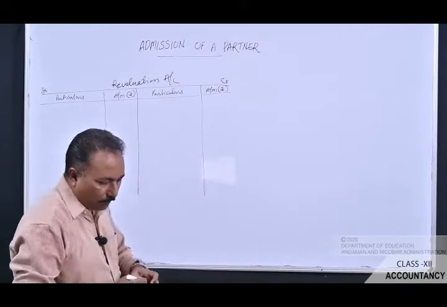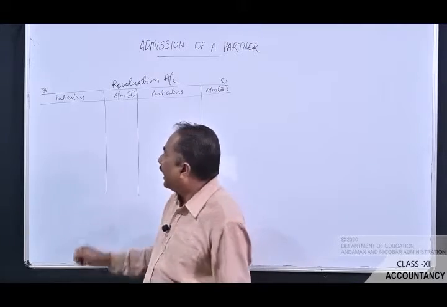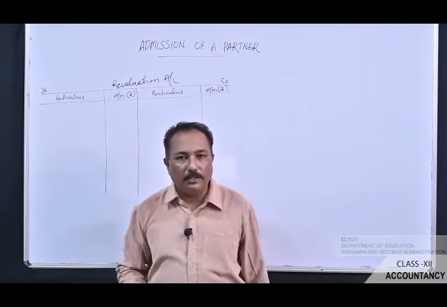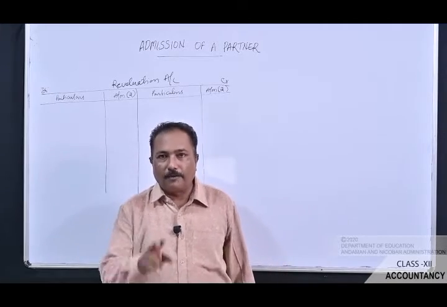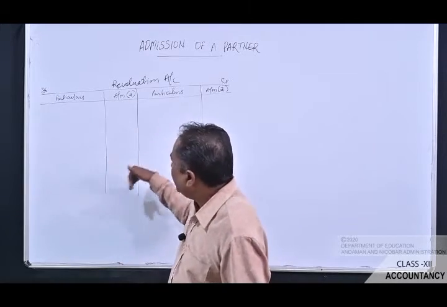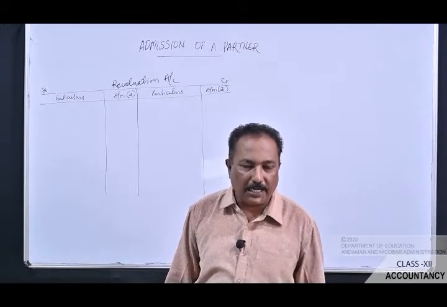Now for writing the items under the revaluation account, you have to refer to the additional information only. From point number 2, we will start writing here in the revaluation account.